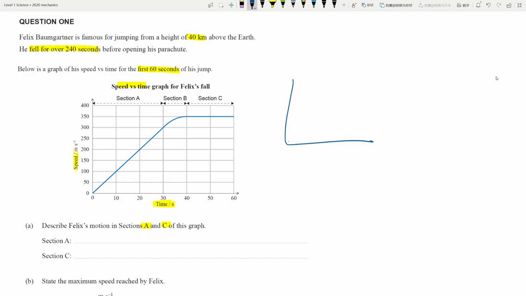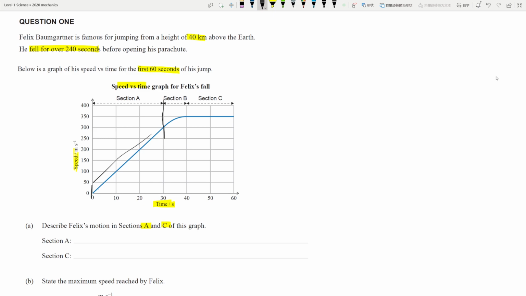Whenever you have a speed time graph that looks like that, you can see for section A, well, let's just get rid of this. This doesn't help. They kind of labeled everything already. So section A is looking at from the beginning to there. This is a straight line.